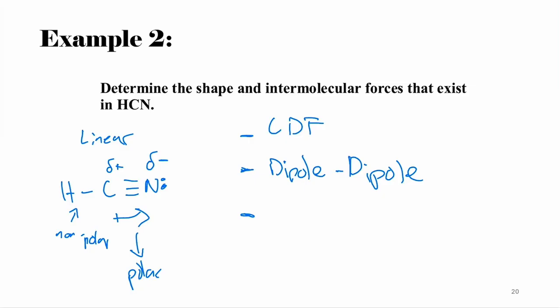Do we have hydrogen bonding here? No, we don't, because the hydrogen is not bonded to what? Yeah, it's not bonded to the nitrogen in this molecule, which means that it can't be hydrogen bonding. So even though the chemical formula looks like there may be hydrogen bonding, because we have hydrogen, carbon, and nitrogen, once we draw the Lewis structure, we see that they're not connected, so we can't have hydrogen bonding, right? So there's no hydrogen bonding. I'll write H bonding a lot of times to mean hydrogen bonding.